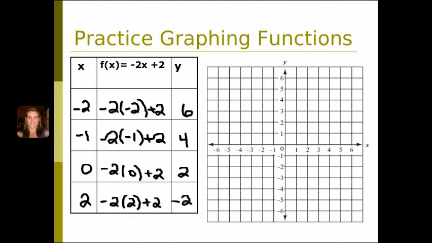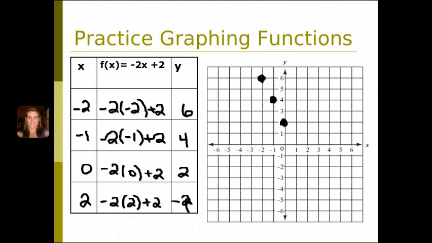Alright, so we've got to plot our coordinates. We have on our x -2 and then up 6. So plot our point. Then you have -1, 4. Plot our point. 0, 2.